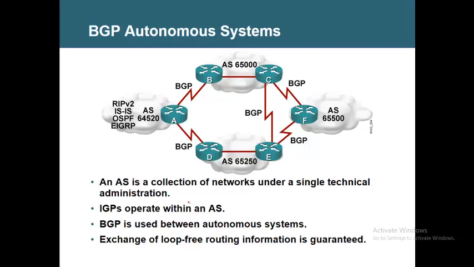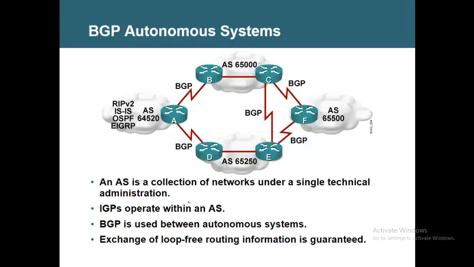You can compare this to a type 3 LSA of OSPF. Kind of. OSPF is a small protocol compared to BGP, but I'm just giving you an idea. BGP is like a type 3 LSA for the world, for the entire internet, carrying one autonomous system's routes to the other, along with the attributes.